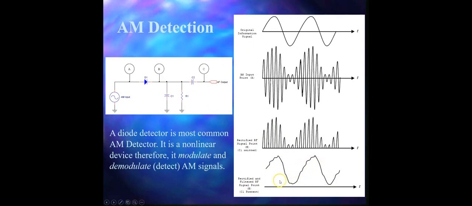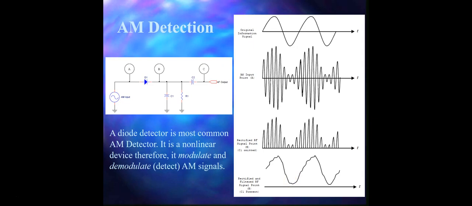And this bottom waveform basically consists of the information and the DC component, and the DC component is actually useful and can be used to indicate the signal strength. It can also be used to operate the automatic gain control circuit in a receiver, which we'll learn about in later lectures.